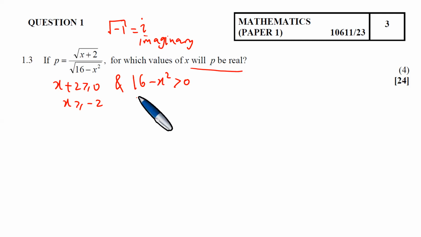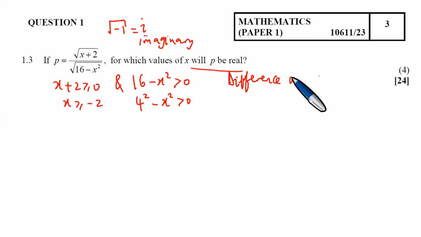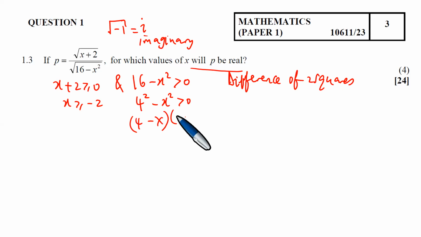Right, so what is 16? 16 is 4 squared. 16 minus x squared is greater than 0. Right, so again, we remember from grade 10, the difference of 2 squares. I'm going to be trying to solve this question at a faster pace. I know that this is very easy for you, but you need to just be reminded. So it's just revision.